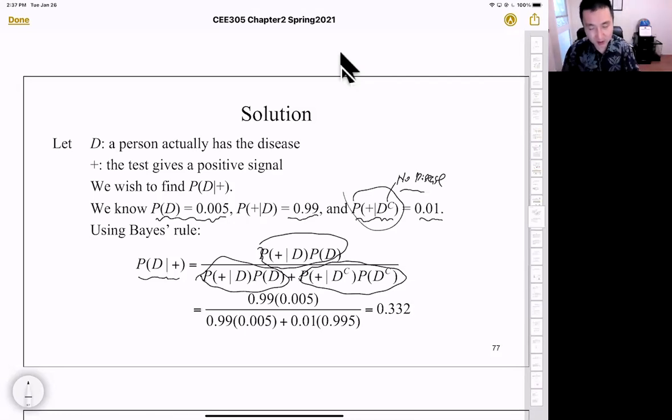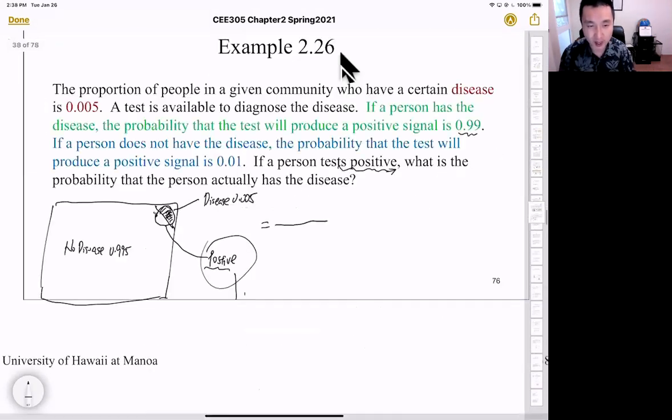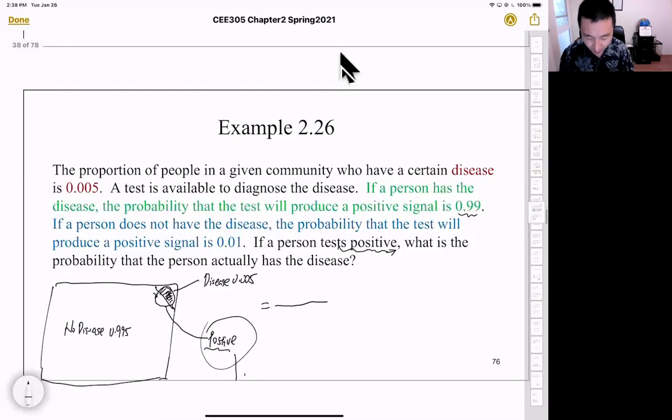Okay, I know the concept could be very confusing at the beginning. So try to review what we learned today using the Venn diagram, trying to see which part means what. The Venn diagram may help you understand the whole meaning of this conditional probability.